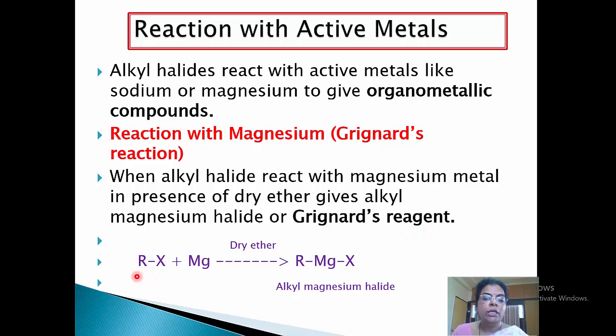The general reaction is RX, that is alkyl halide, when treated with magnesium metal in the presence of dry ether gives RMgX, that is alkyl magnesium halide. Here only the bond between halogen and carbon breaks, and Mg gets attached to this alkyl group and halogen atom to form RMgX, alkyl magnesium halide, or Grignard's reagent.